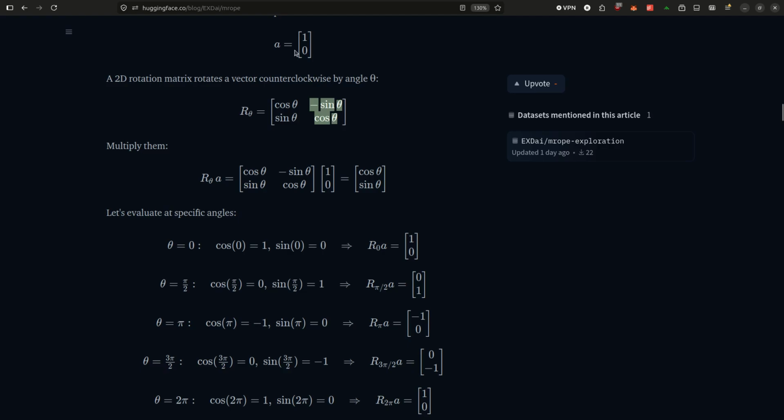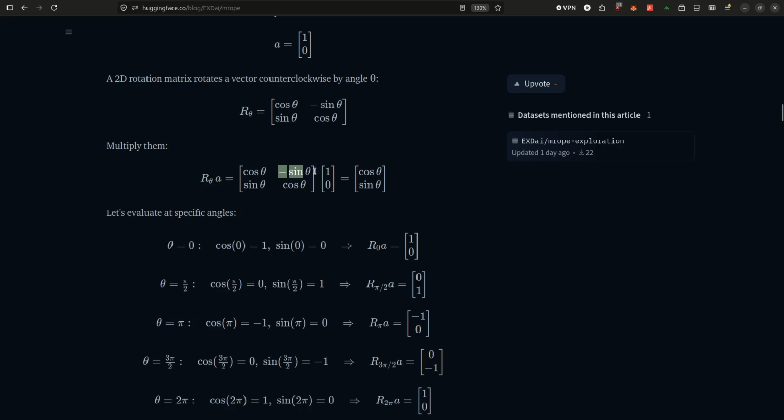And it so happens for this simple 1, 0, I'm going to assume that you remember some of this math from high school. If not, it's easy enough to get a quick refresher somewhere on the internet, so I encourage you to do that. But you can see that you get cosine theta and sine theta, because cosine theta times 1 minus sine theta times 0, which is 0, just leaves cosine theta.